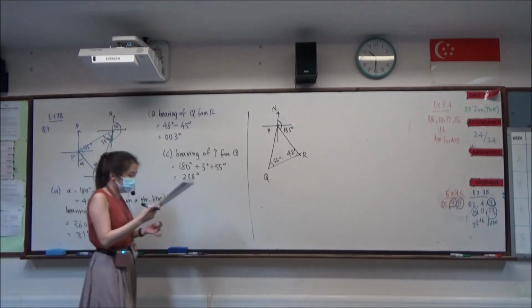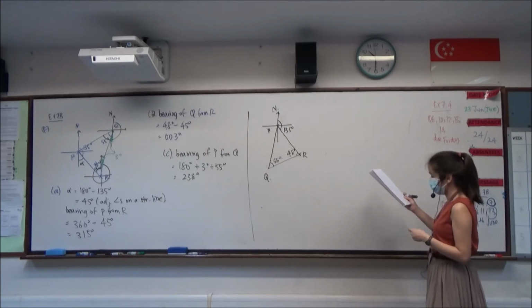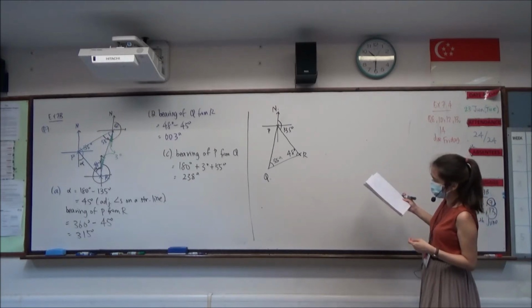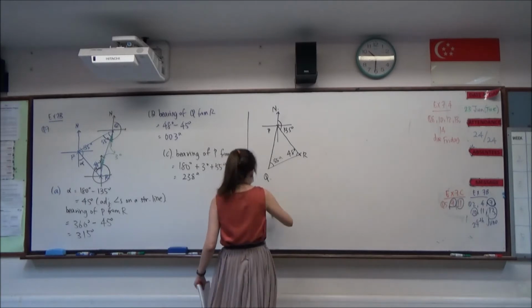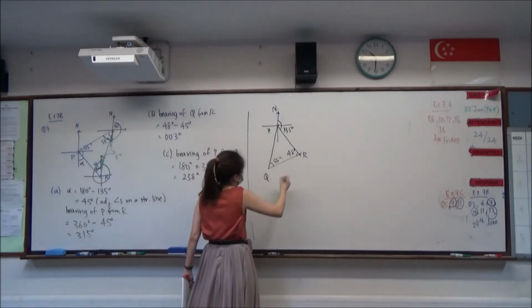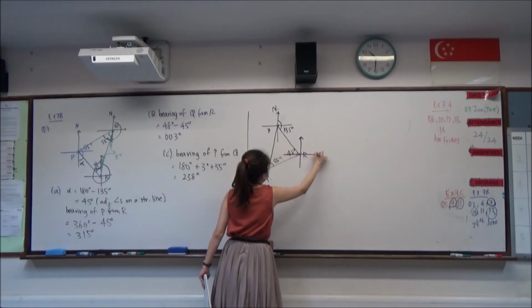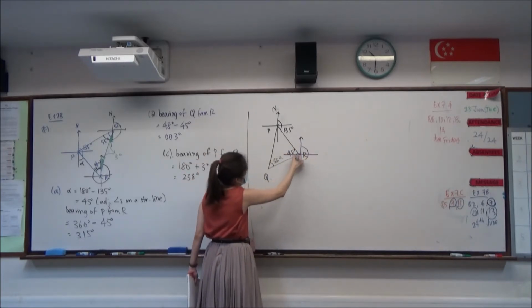Okay, so we look to finding out all the same bearings as well. So bearing of Q, hang on, bearing of P from R remains unchanged. So from R itself, the bearing of P will still remain as this.